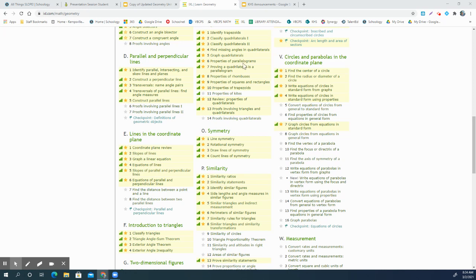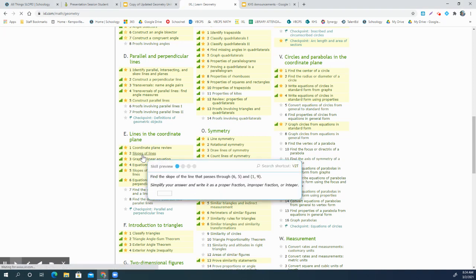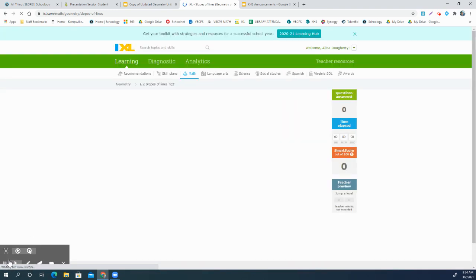I'm going to give you some time to do that. Slope of lines. Everybody should be working on E2. When it asks you the slope of a line, it doesn't give you the exact y equals -3x. So you can also go to Desmos.